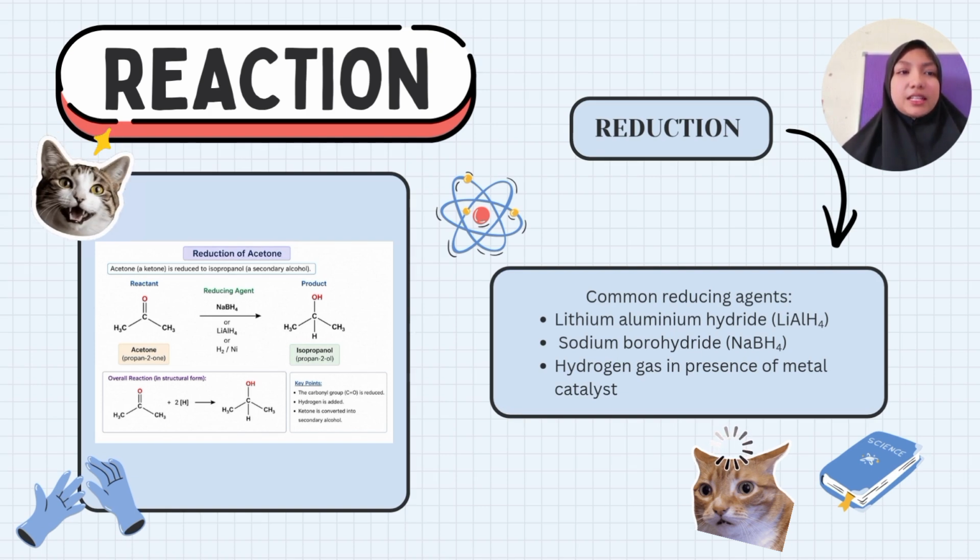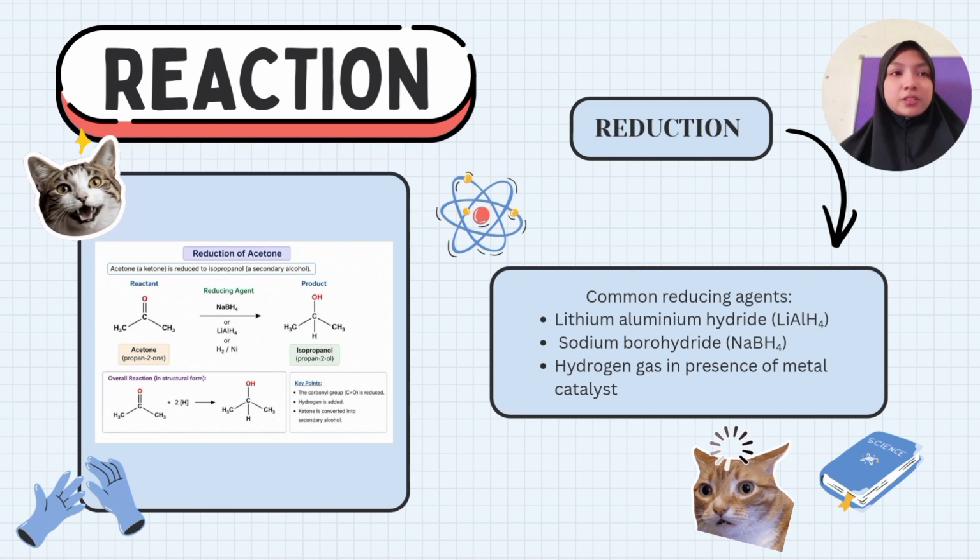The key point is that the carbonyl group C=O is reduced, hydrogen is added, and the ketone is converted into a secondary alcohol. These are the common reducing agents: first, lithium aluminum hydride; second, sodium borohydride; and third, hydrogen gas in the presence of a metal catalyst.